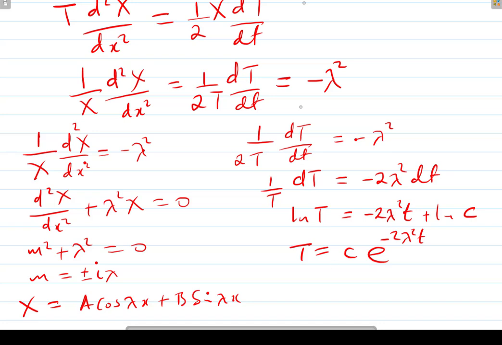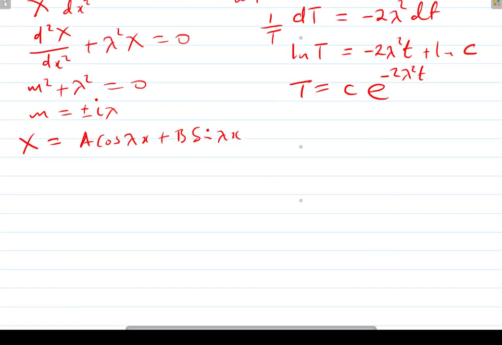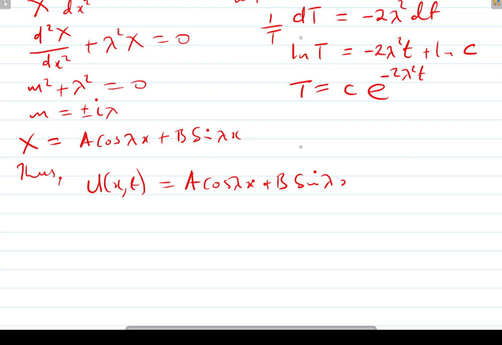Now we have two solutions. So we know how u will look like. So therefore, u(x,t) will now look like this: a cos lambda x plus b sine lambda x, like this one, times c e to the minus 2 lambda squared t.